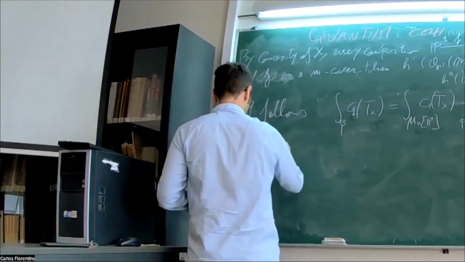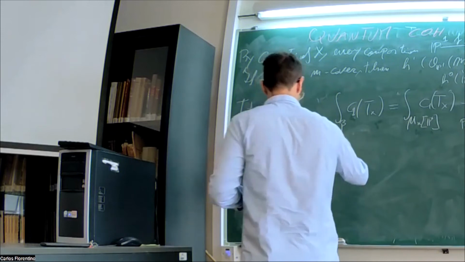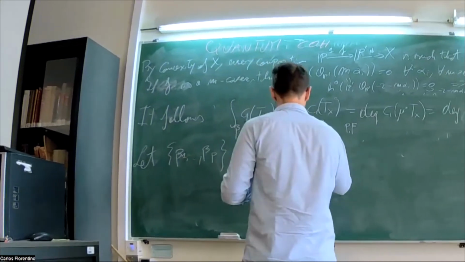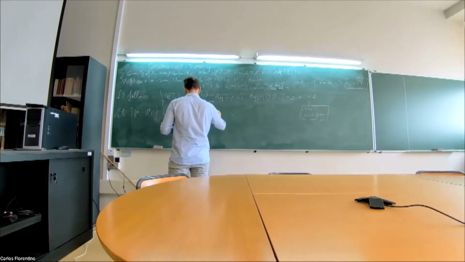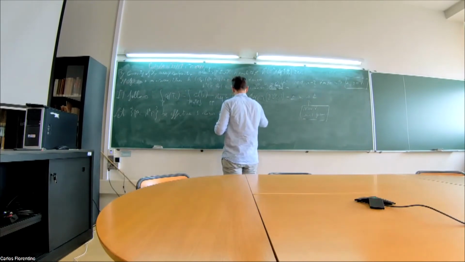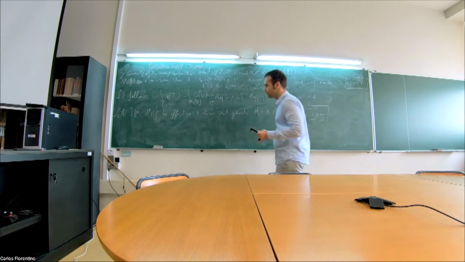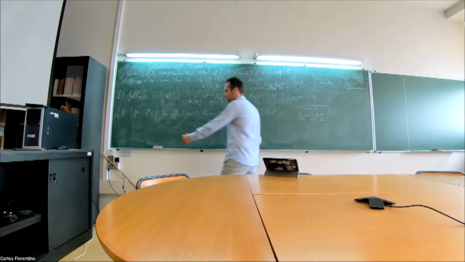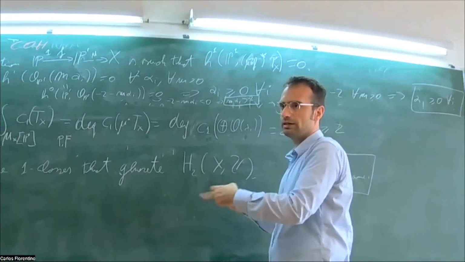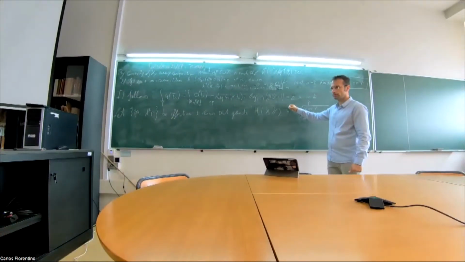Let beta 1, ... be effective classes. The number of generators of H2 must be the same as the number of generators of H2 with the 2 up.